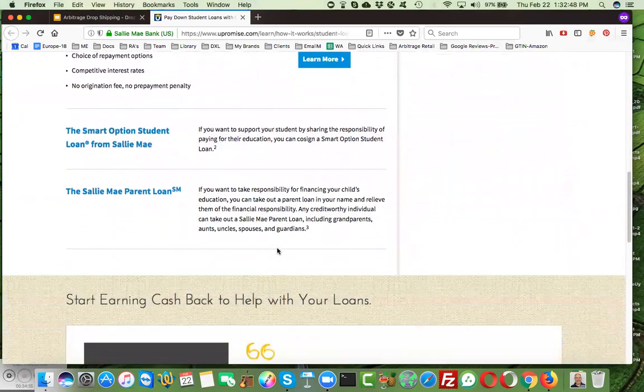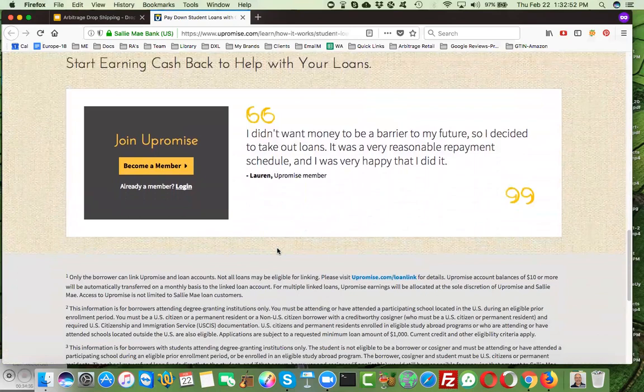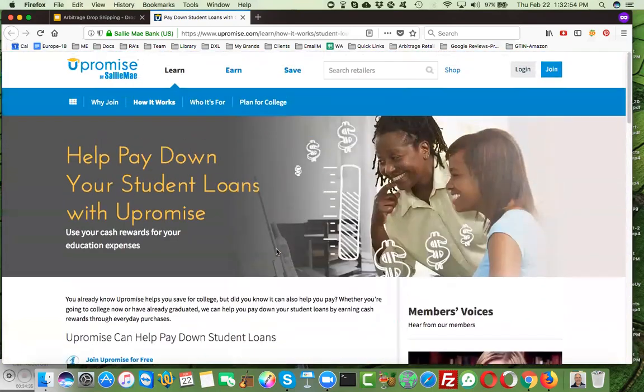But the only way they will pay you the cashback is either by bank wire, into your student loans account, or by check. They will send you a check. All of those options are good only if you have a United States bank account and you are located in the United States.